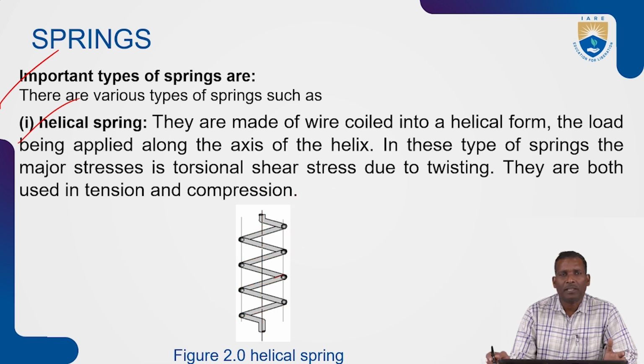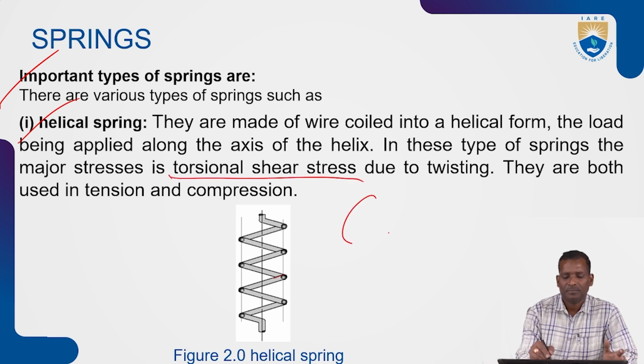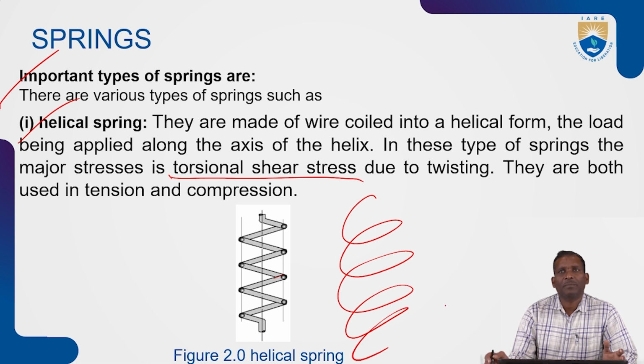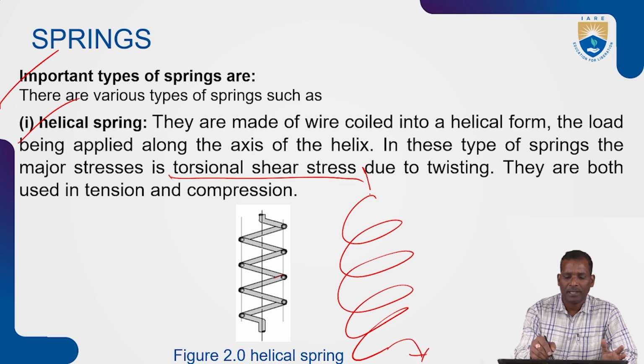In this type of springs, the major stress is torsional shear stress due to twisting. They are used in both tension and compression. This one is called the wire and this entire thing is the coil.